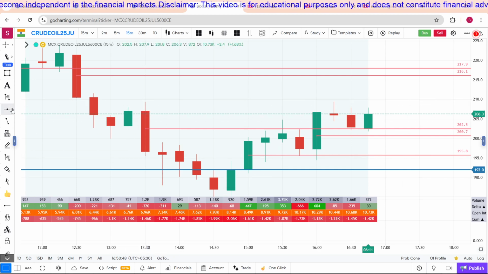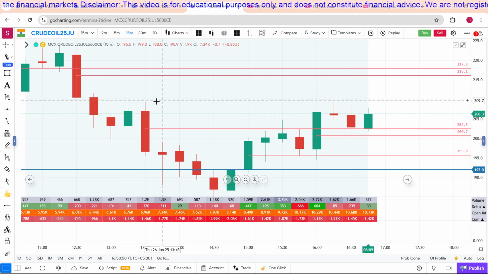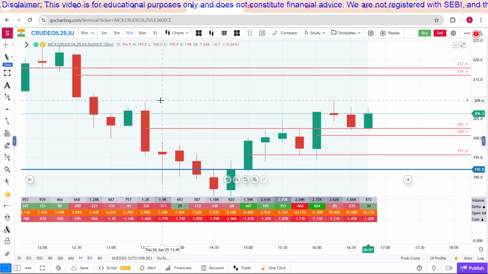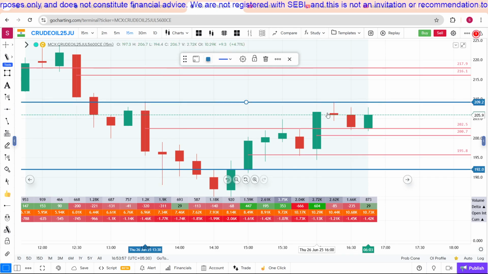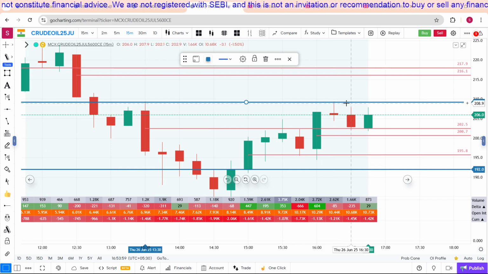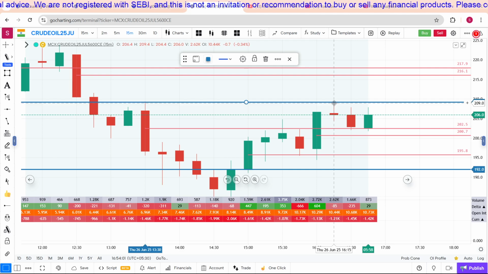When the same candle's high comes, we have to exit. That is a rule. See, here exactly it came here. And this was the exit point. I forgot to tell you.